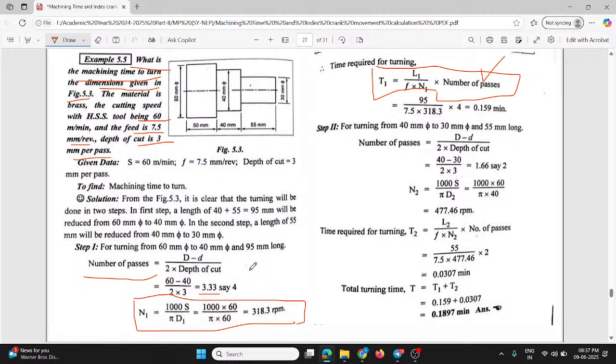So 4 passes will be required, and accordingly you can calculate the machining time for 1 pass and multiply by the number of passes, and you can get the total machining time, that is T1 plus T2. Like this, this particular numerical also can be solved.